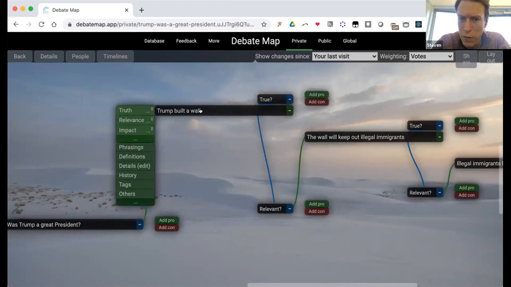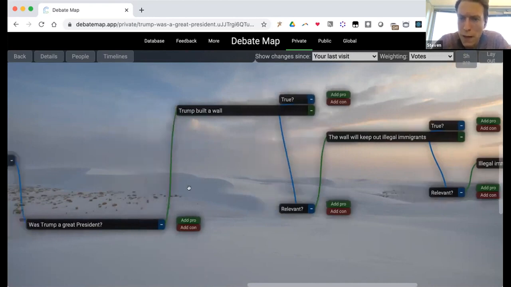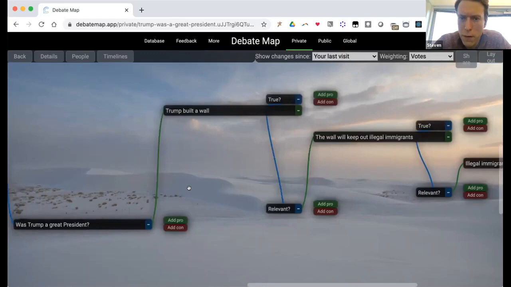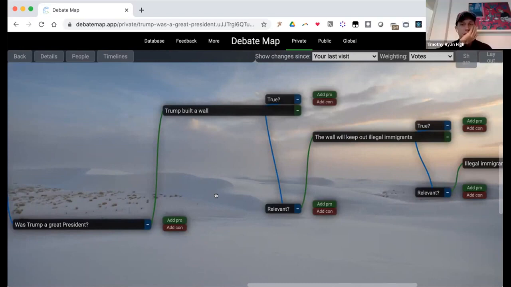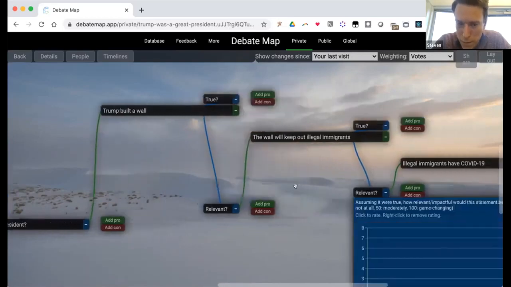How is that related to "Trump built a wall"? Yes, Trump built a wall, but how do you support that conclusion with "the wall will keep out illegal immigrants"? I don't. Okay, no. So you're saying it is relevant that Trump built a wall because the wall will keep out illegal immigrants. So you're saying Trump is a good president because he built a wall, which is relevant because the wall will keep out illegal immigrants. Is that what this means in debate graph?